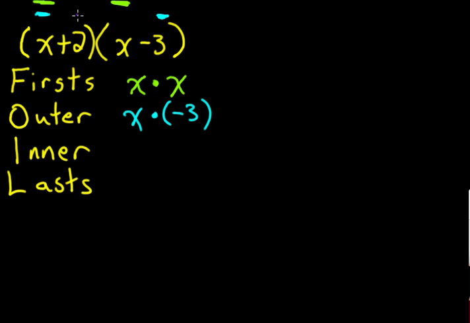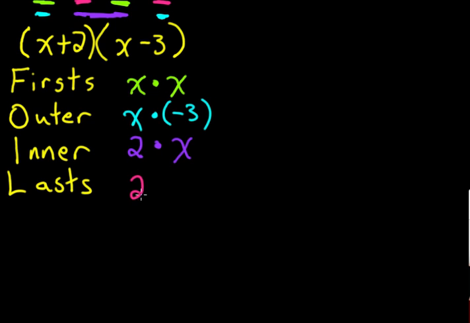Inners are those two bits on the inside. And so my inners are 2 times x. And then lasts are the things that appear at the end of each binomial.